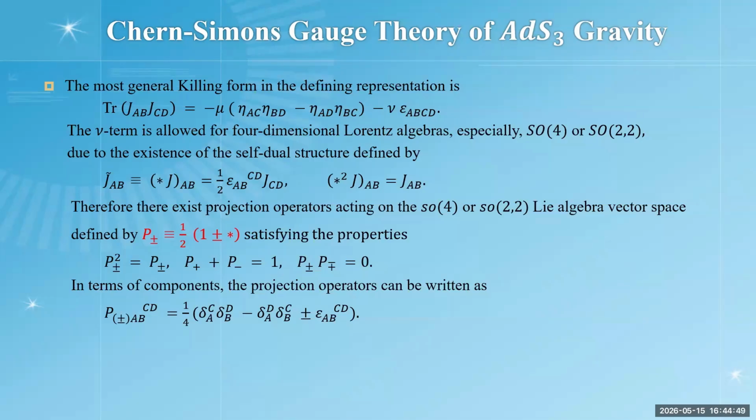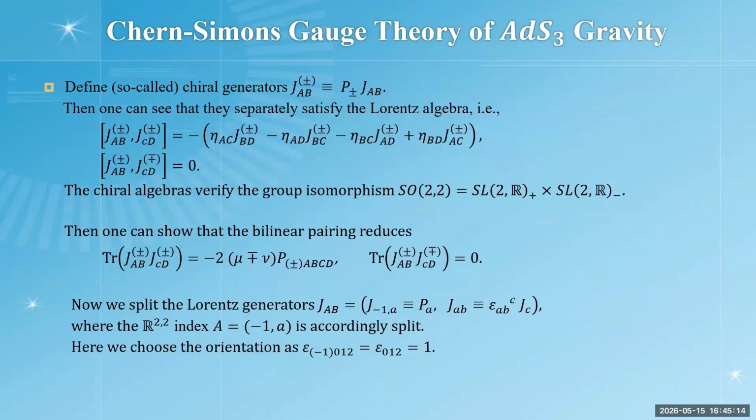And then the eigenspace of P plus is called self-dual, and the eigenspace of P minus is called anti-self-dual. And in terms of components, this projection operator is given by this. And then we use this projection operator to split this Lorentz generator into a plus part and a minus part. So we define chiral generators using this projection operator.